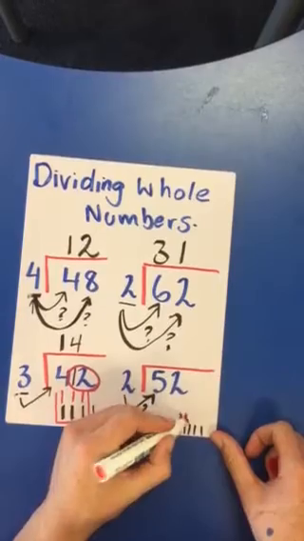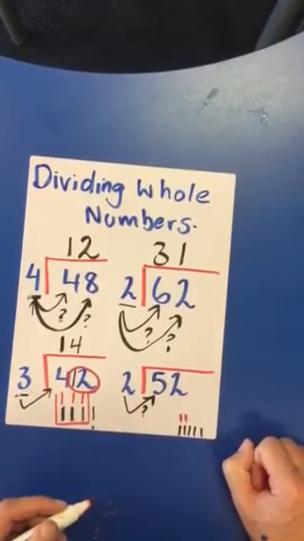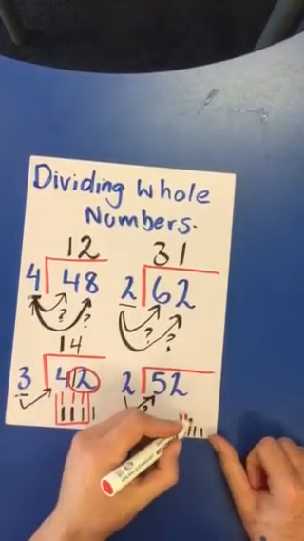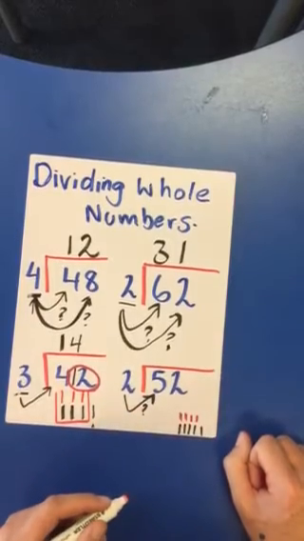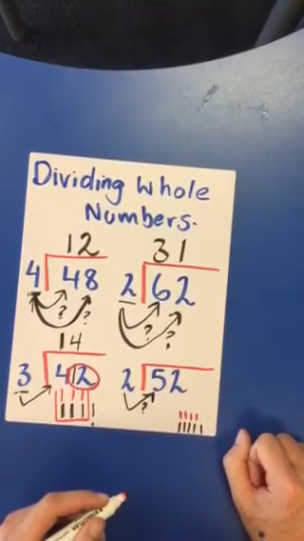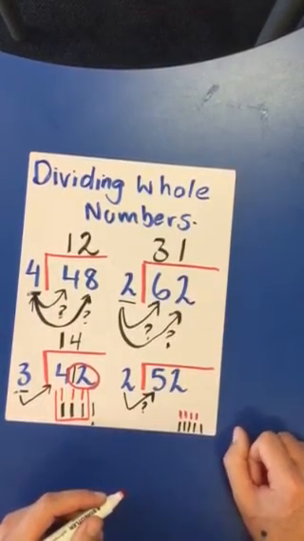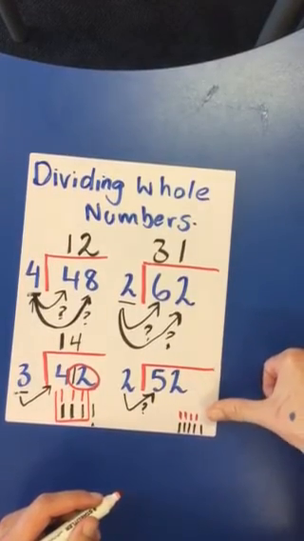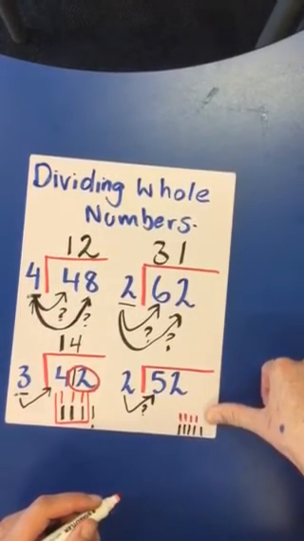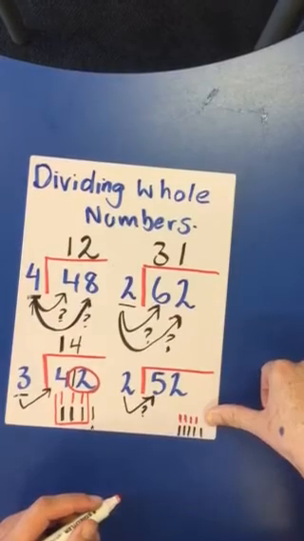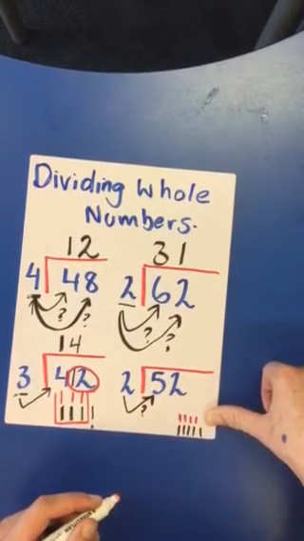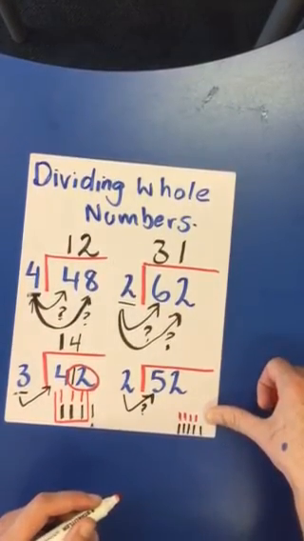Well, there's 2, so that's once. There's 2 more, so that's twice. Is it going to fit a 3rd time? No, it's not, because a 3rd time would be 6.